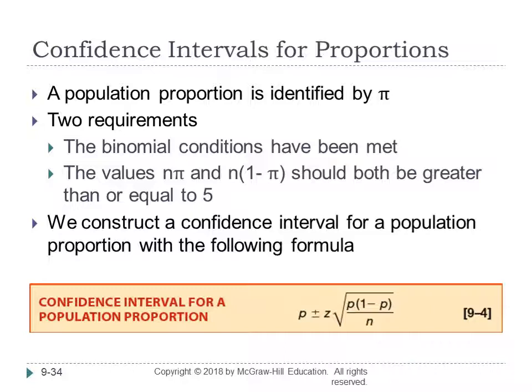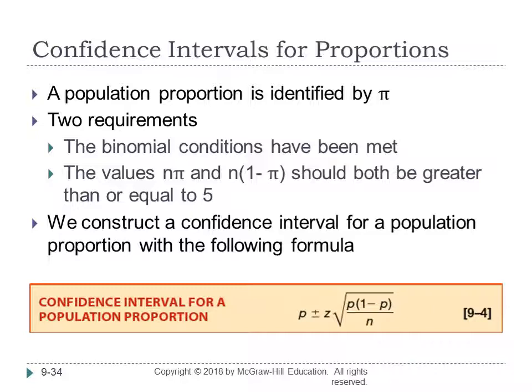If you recall, for the binomial distribution, n pi gave us the mean, and n pi (1 minus pi) the variance, so we were able to use the parameters to calculate both the mean and standard deviation. For us to do a confidence interval, the two requirements are that we have a binomial distribution, and that n times pi and n times 1 minus pi should both be greater than 5.